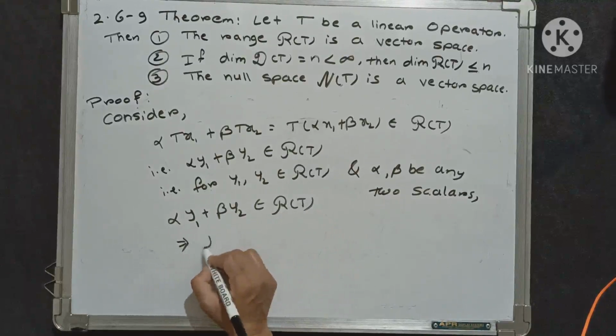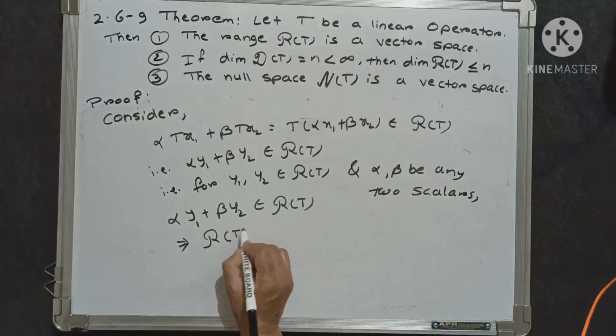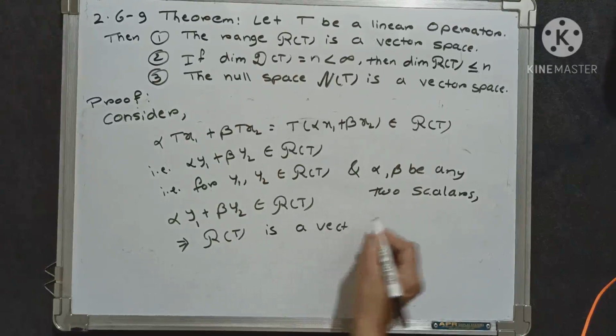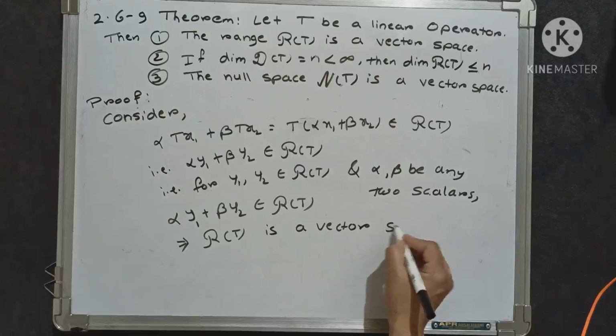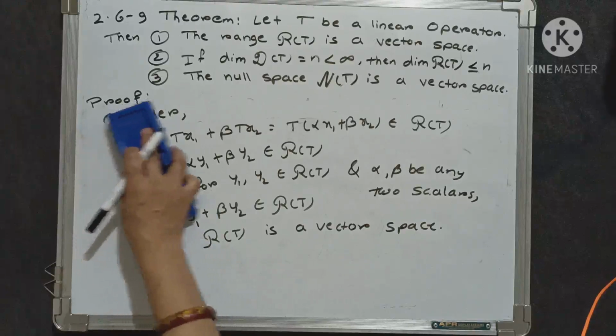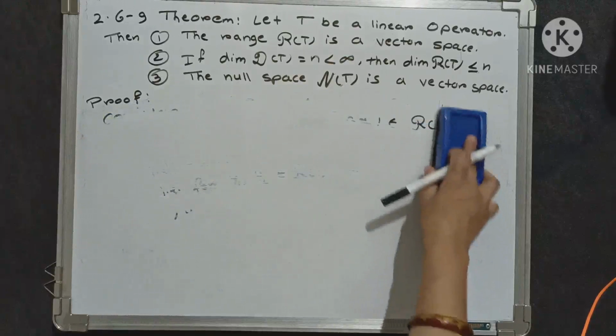This implies that the range, script R of T, is a vector space because it is closed with respect to addition and scalar multiplication. In this way we prove the first statement of theorem 2.6.9.